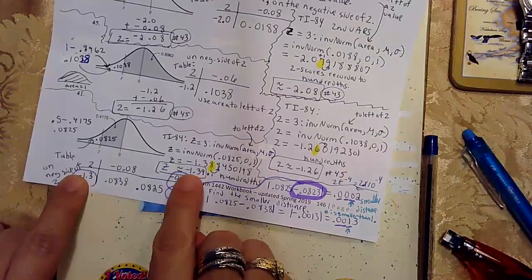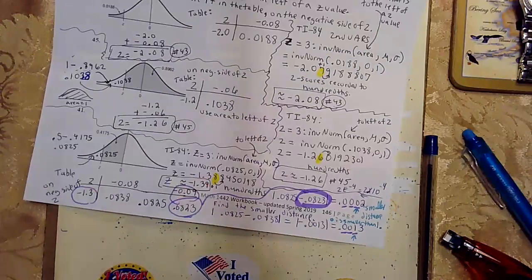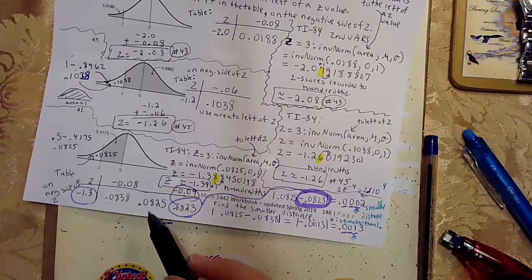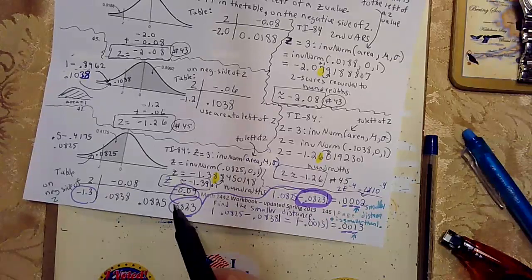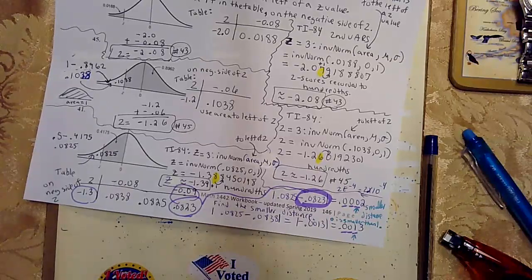Sometimes the calculator varies off by a digit. Like the calculator will say negative 1.38 sometimes, and that's going to happen on the last example. Every now and then they vary, so you want to be careful. If they tell you to use a calculator, then use a calculator.